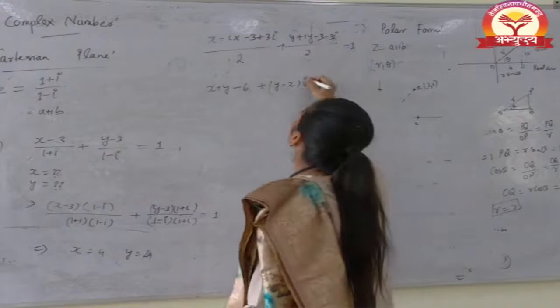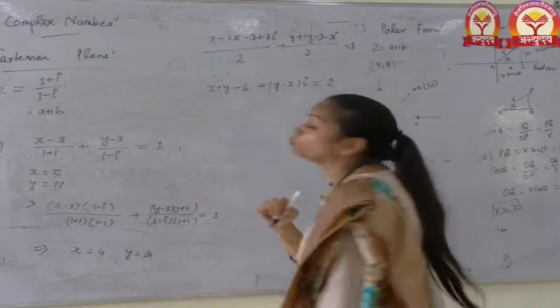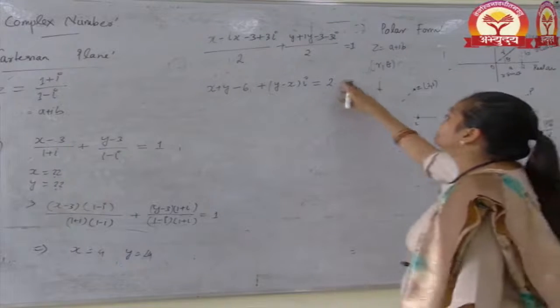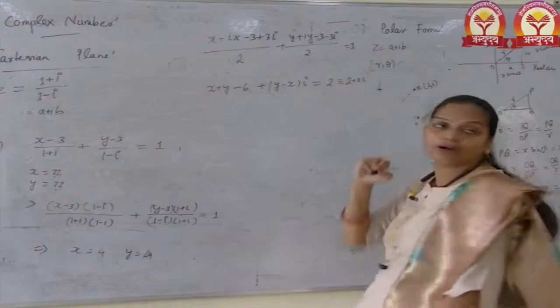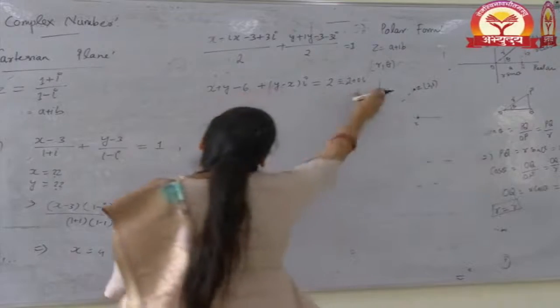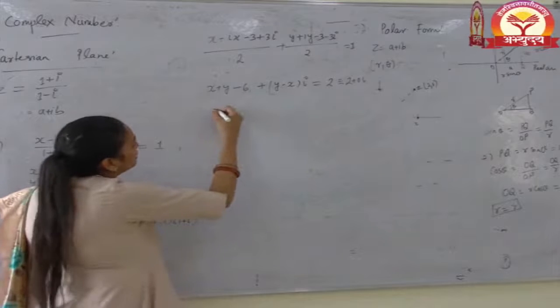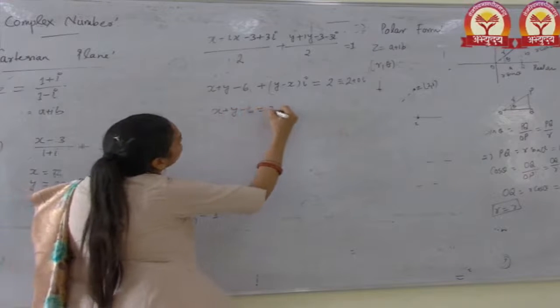Okay, 3i cancel, and this will give 2. This 2 can be rewritten as 2 plus 0 into i. So that means real part is equating by this real number. That means x plus y minus 6 is equal to 2.